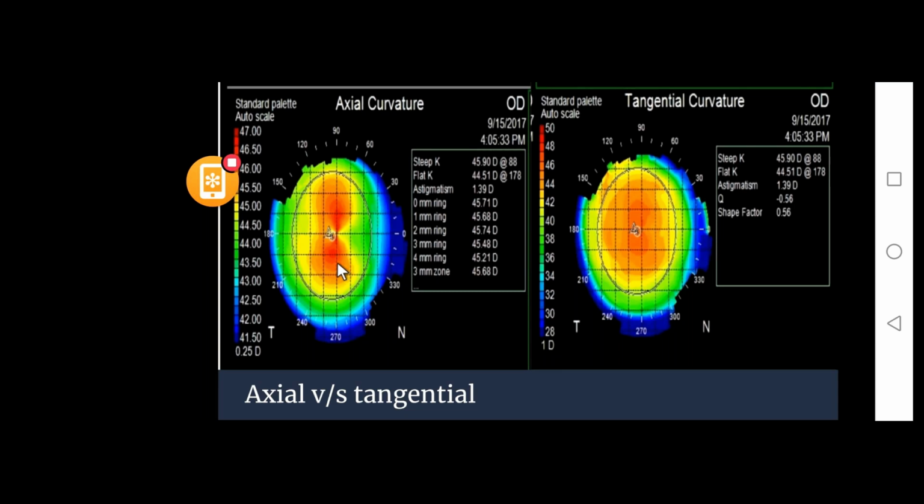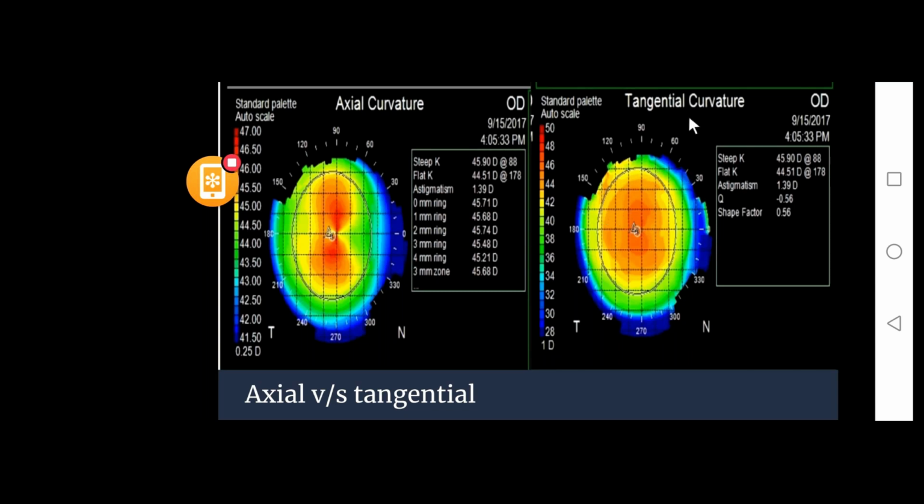But because this considers the cornea as a spherical surface, it may ignore or fail to pick up a subtle change over here. So suppose this area is steep and there is one single area which is flat over here, it may miss out. It may not show on the axial curvature map.